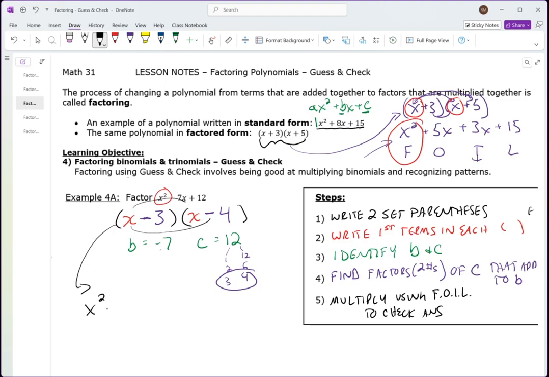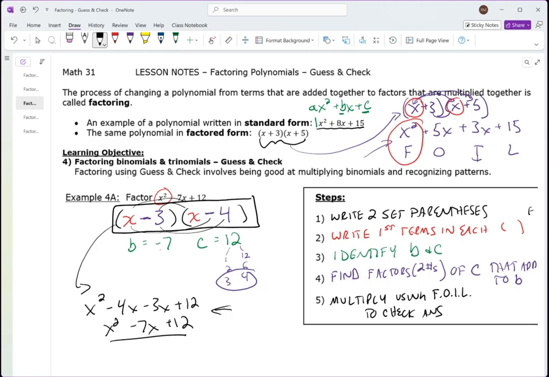The outside two would be minus 4x. The inside two would be minus 3x. And the last two would be 12. And that gives me negative 7x. So I have successfully checked, and this is my answer. Sometimes people accidentally write and box in the check as their answer, but that's just when we checked our answer.